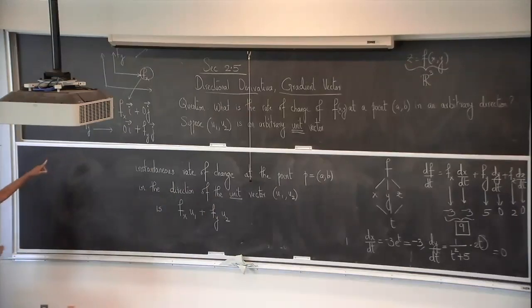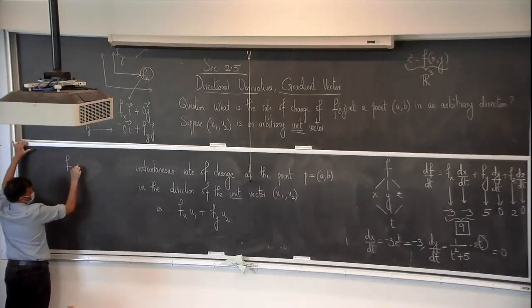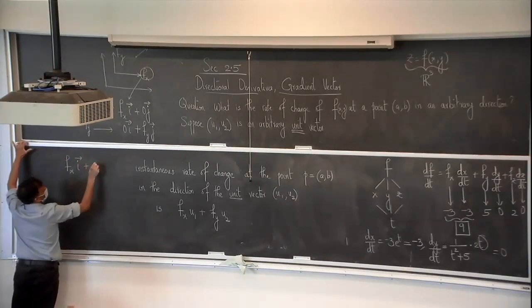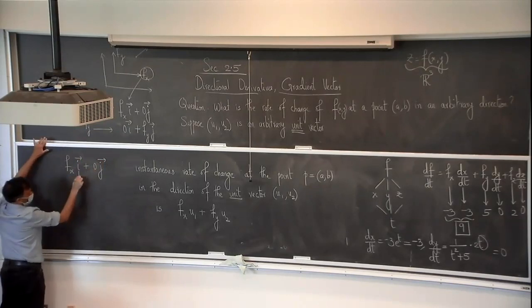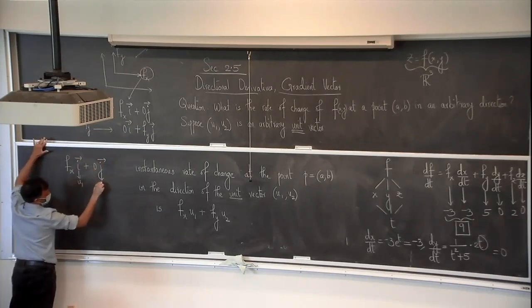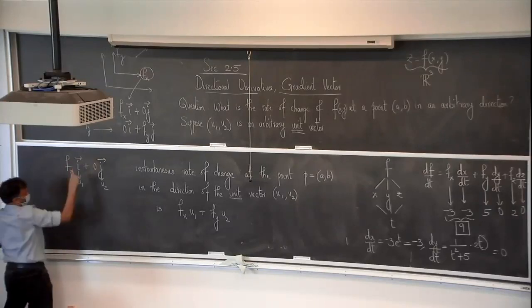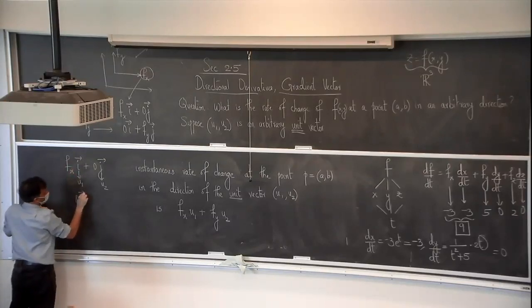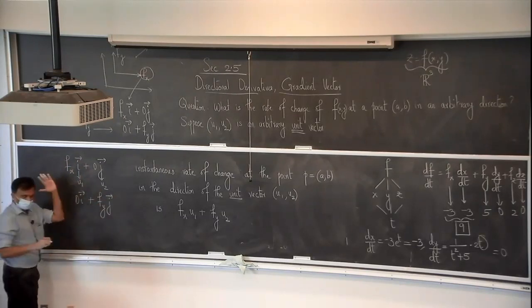It's easy if you look at how I started this. Along the x-axis, we had fx i plus 0 j, so this was your u1 and this is your u2, that is if you are parallel to the x-axis. The second one, you have 0i plus fy j, and that is parallel to the y-axis.